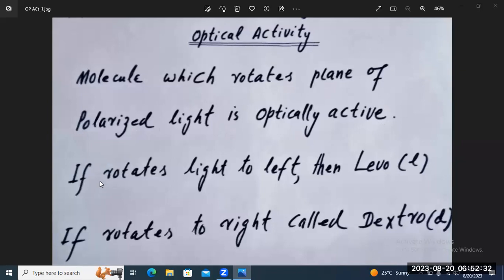If the molecule rotates light to the left, then it's called levorotatory, represented by L. And if the molecules in a polarimeter rotate the plane polarized light towards the right, then it's called dextrorotatory and symbolized by small d.